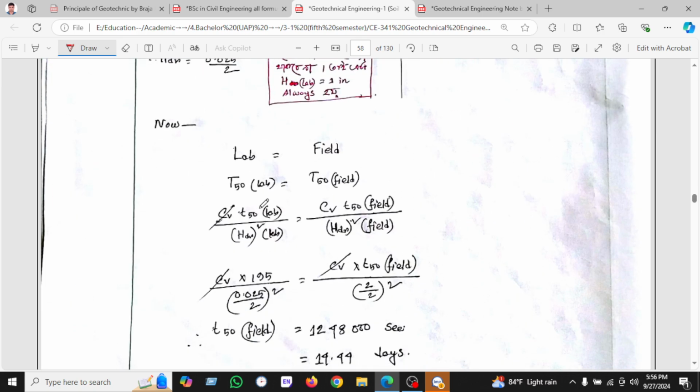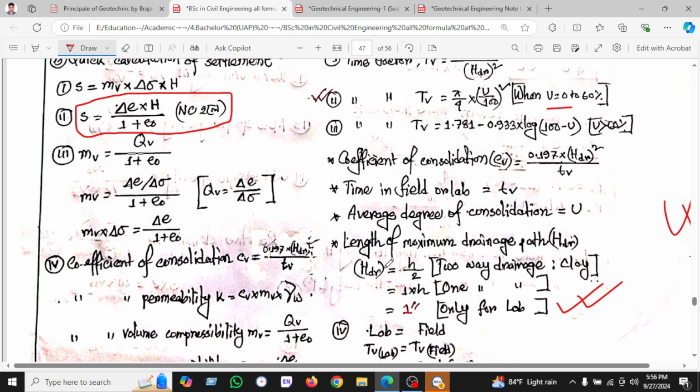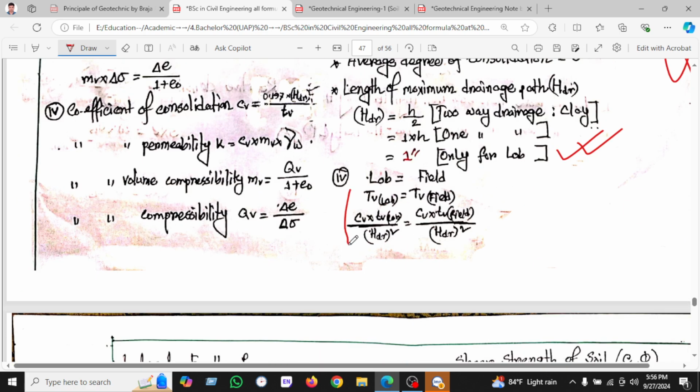Now we will compare lab with field, lab T and field T. So we know the T value. How will we get T? See, this is the T. The T formula is given, Cv. This is the time factor T formula. We'll compare this, as given in the formula sheet, as lab into field.